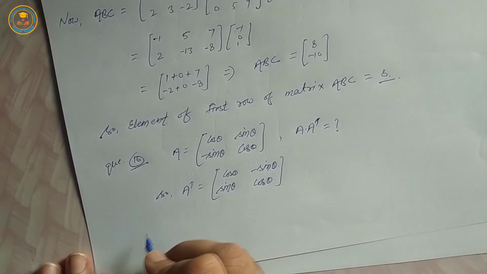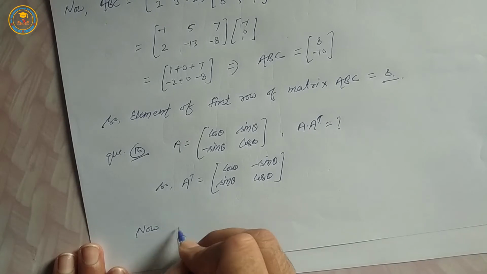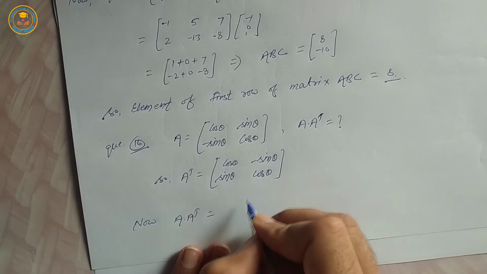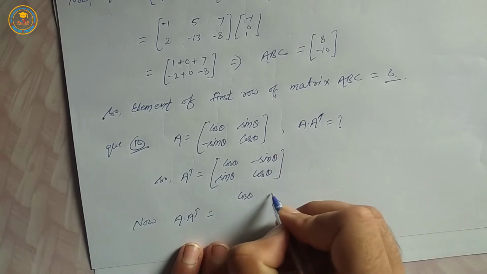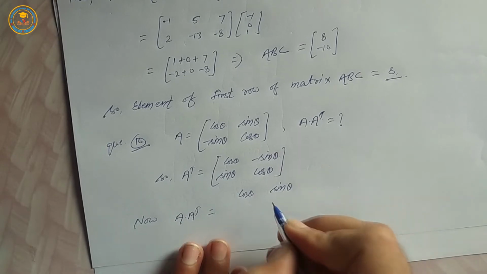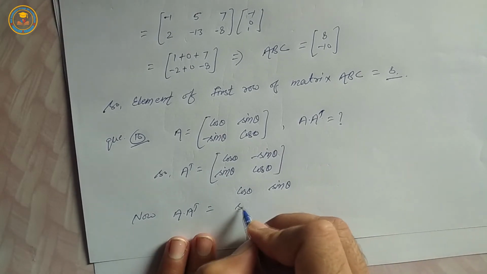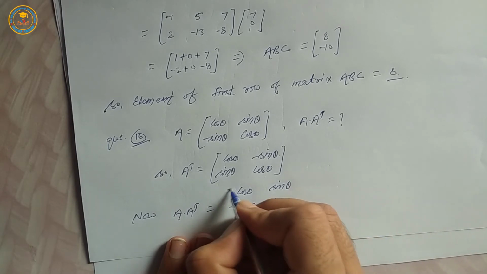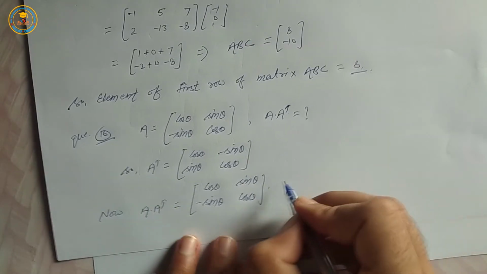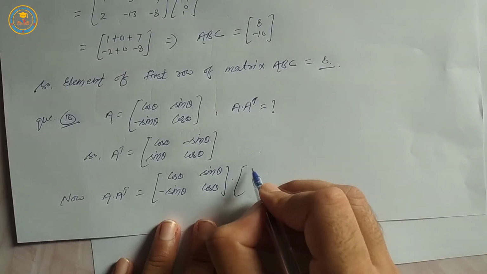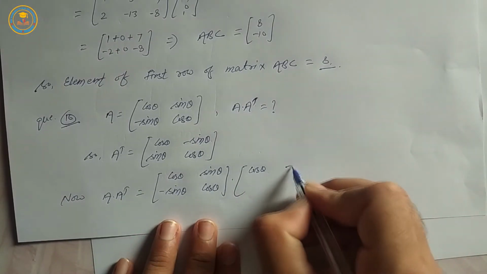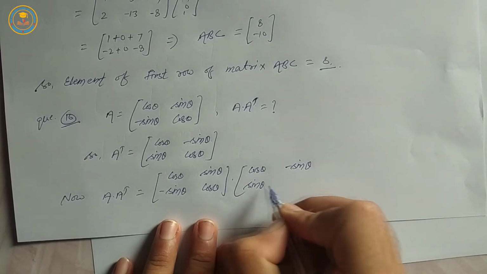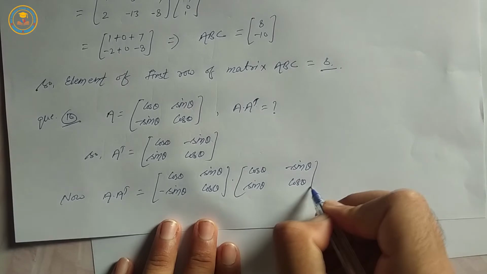Okay, now A into transpose of matrix A is equal to [cos theta, sin theta; minus sin theta, cos theta] into [cos theta, minus sin theta; sin theta, cos theta].